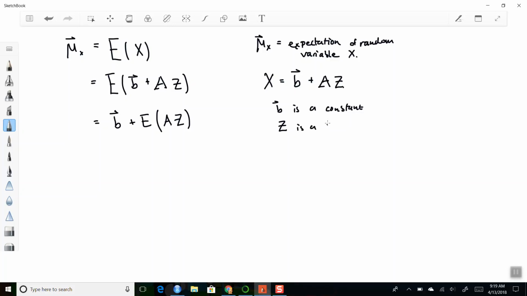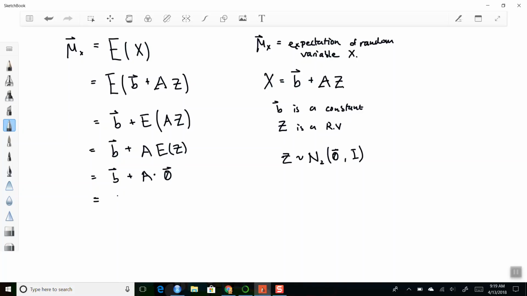Z is a random variable. And then we can pull out a, because a is just a matrix, but it's a constant. So this is going to be a times the expectation of z. And the expectation of z, so z comes from normal 0 and an identity matrix. So the expectation of z is going to be the 0 vector. So this just becomes b.